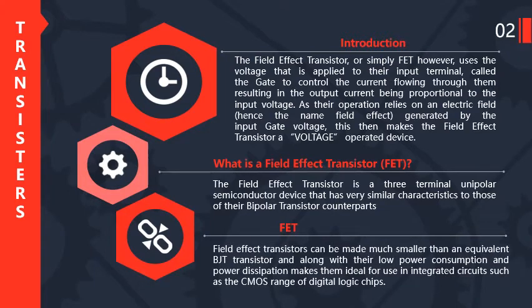Field effect transistors can be made much smaller than an equivalent BJT transistor, and along with their low power consumption and power dissipation makes them ideal for use in integrated circuits, in short IC, such as CMOS, a range of digital logic chips.